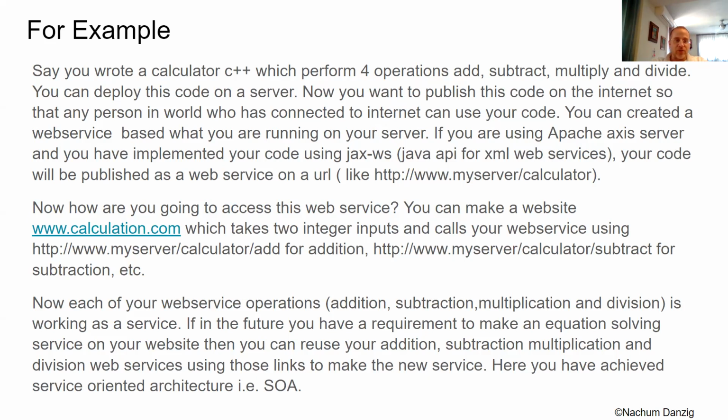You can create a web service based on what you are running on your server. If you're using an Apache server and you have implemented your code using JAX-WS, the Java API for XML web services, and I don't know if you know XML, it is exactly this idea that you send a request in a certain format so you can get a certain result.